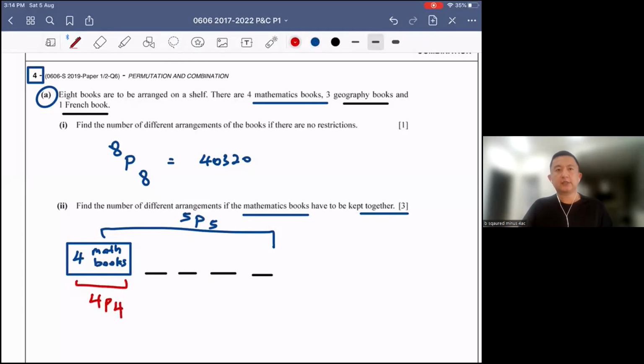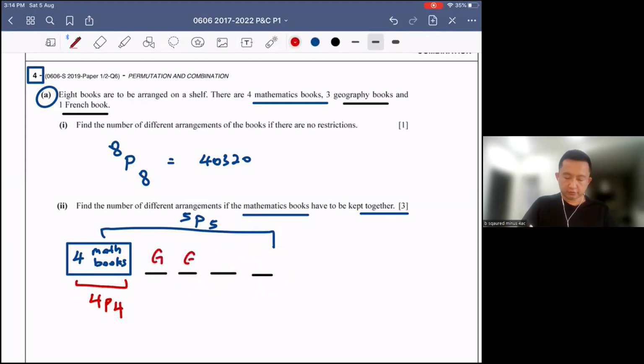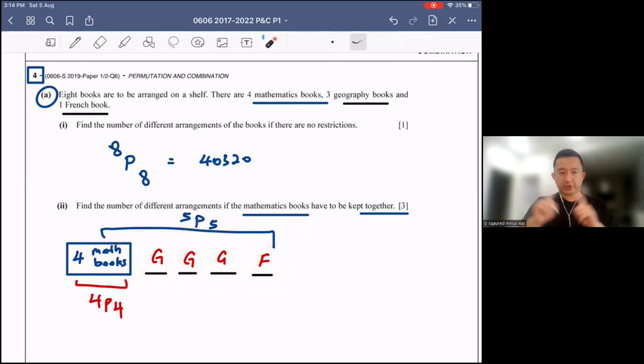So the idea is, if you look at the entity, we have 1 entity, maybe for the French book, 3 for geography. This one for French, this one for geography, this one for geography, this one for geography. The last slot is for the math books, 4 math books. This 5 slot can be interchanged. That's why it's 5p5.